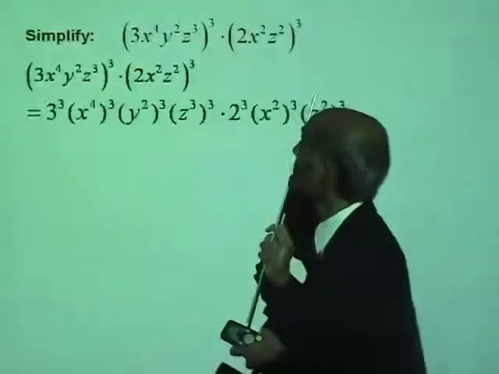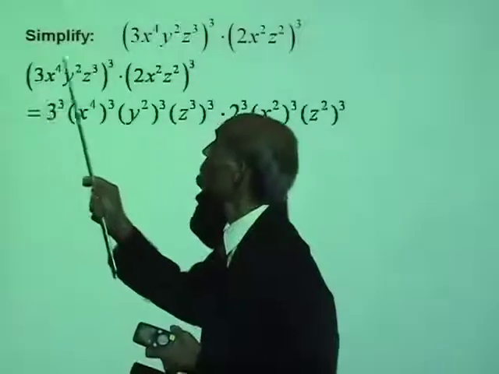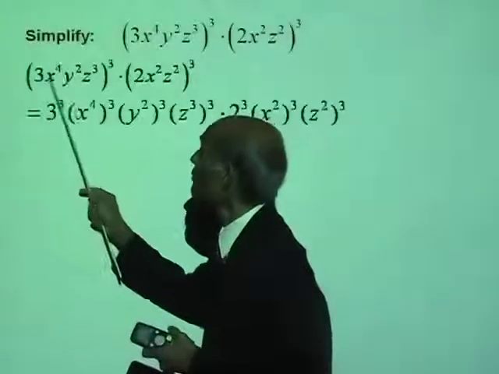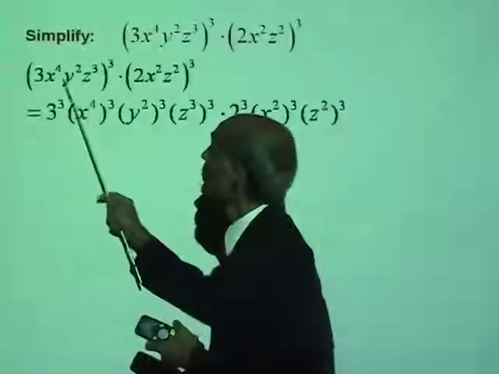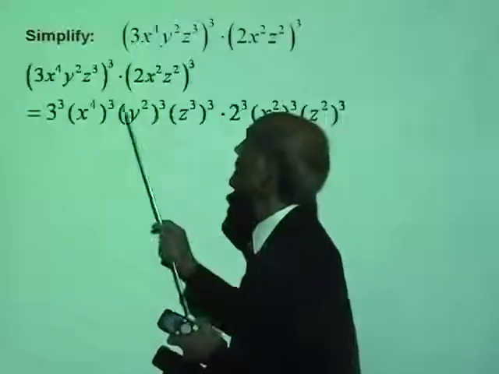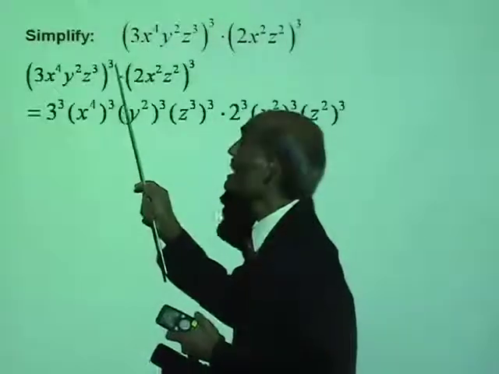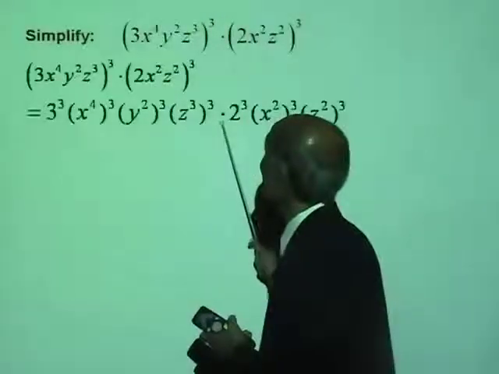Let's write that down. So this quantity is 3 to the power of 3 times x to the power of 4 raised to the power of 3 times y to the power of 2 raised to the power of 3 times z to the power of 3 raised to the power of 3. Alright, we finished with the first quantity.